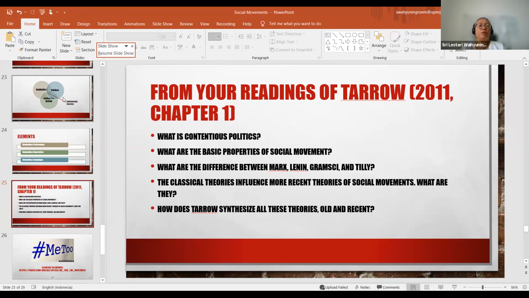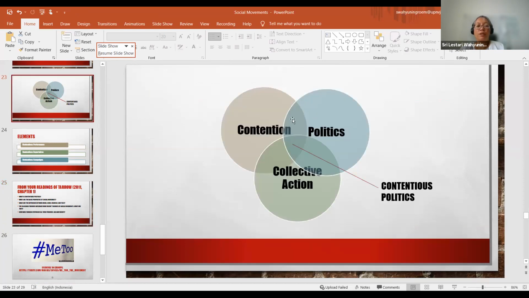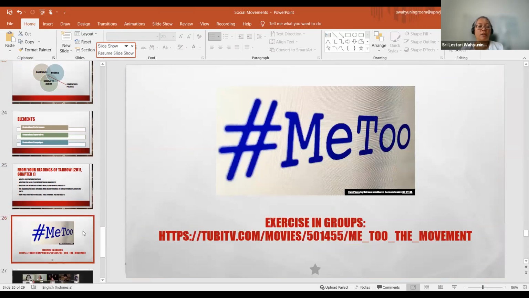All right, so here's what you're going to do individually, for the asynchronous part of your study this afternoon. Based on the explanations of these three elements of contentious politics, I'd like you to reflect on a social movement that took place some years ago in the US, a student movement called Me Too.